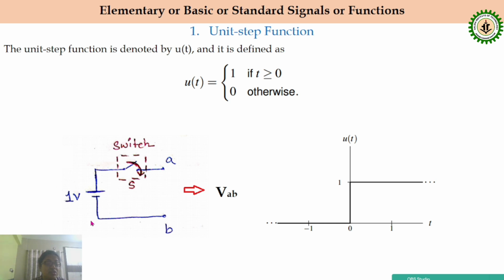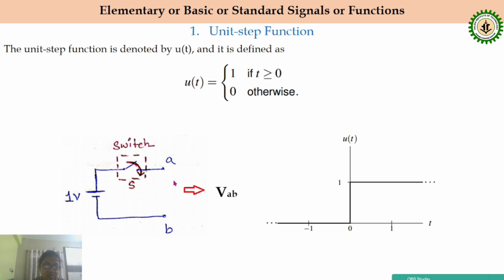So how can we generate this? You need one DC source and one switch. The switch closes at t equals 0. Before that the switch was open, so across AB we get 0 voltage. Now if the switch gets closed at t equals 0, very quickly, then across AB the value becomes 1 volt.